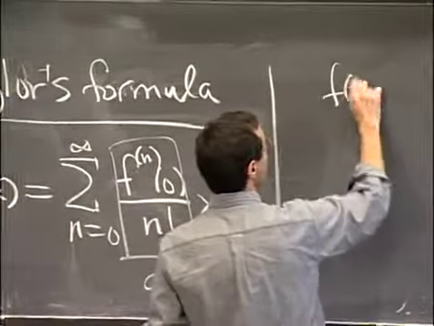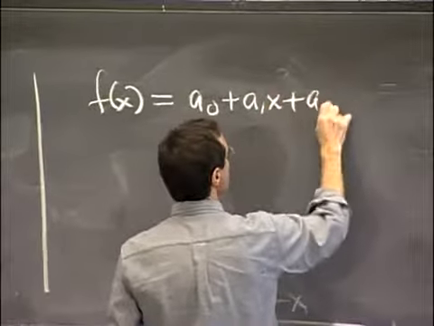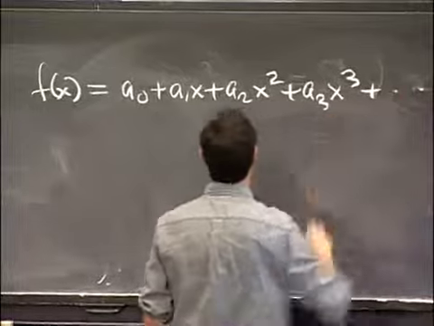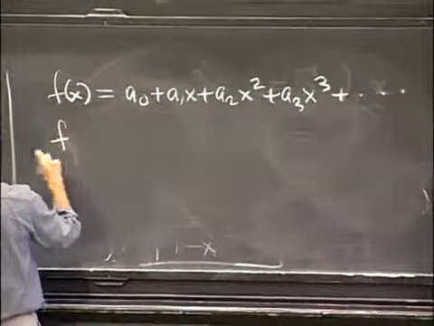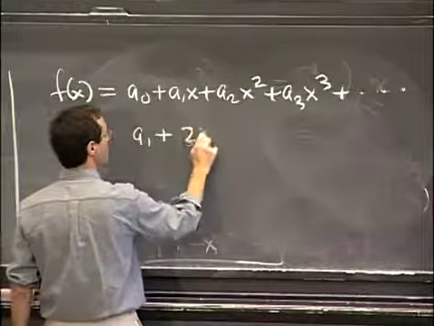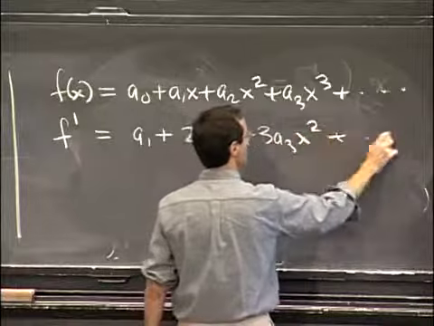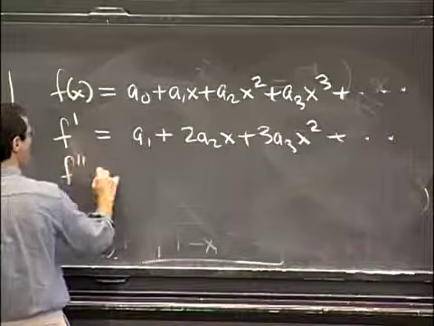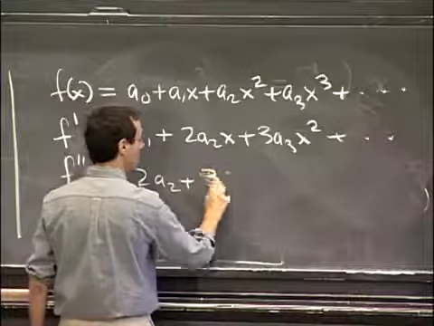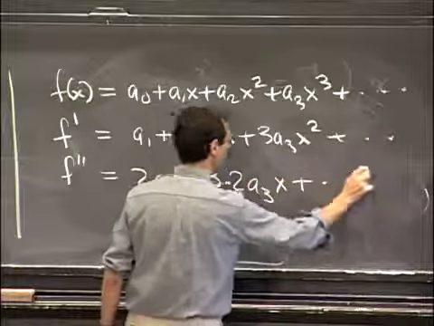If f of x happens to be a0 plus a1x plus a2x squared plus a3x cubed plus dot, dot, dot, and now I differentiate it, right? I get a1 plus 2a2x plus 3a3x squared. If I differentiate it another time, I get 2a2 plus 3 times 2 a3x plus dot, dot, dot.